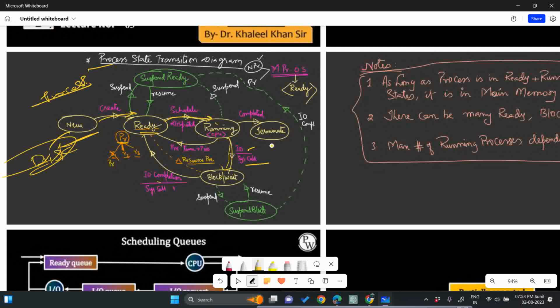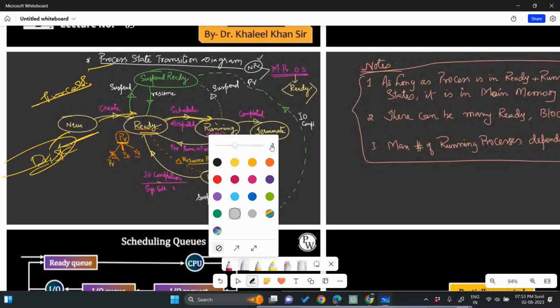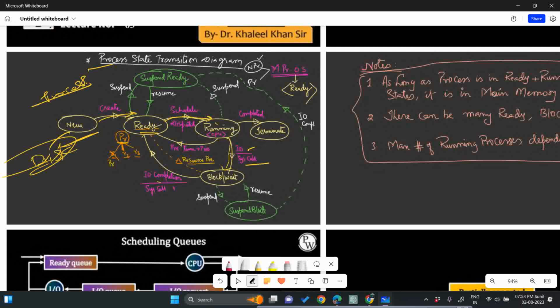It can perform this cycle several times, and after it completes its execution, it can go to terminate and release the resources. So this diagram is for a multi-program OS.